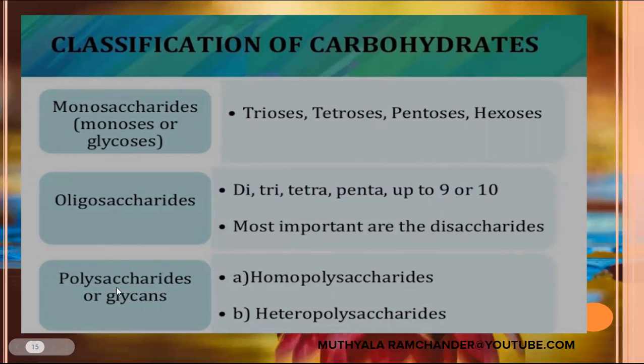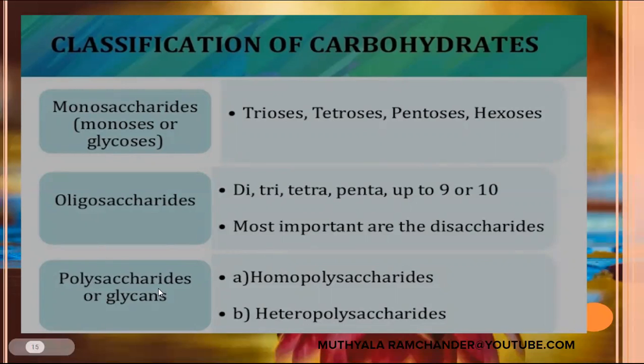Poly means many, and saccharides means sugar molecules. The many saccharides, also called polysaccharides, are bound with many glycosidic bonds. In oligosaccharides, 1 to 10 glycosidic bonds, or 9 glycosidic bonds, are present.